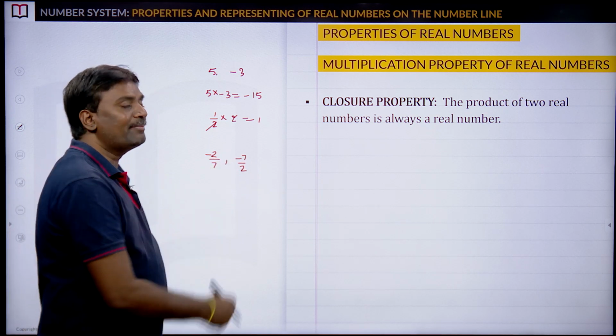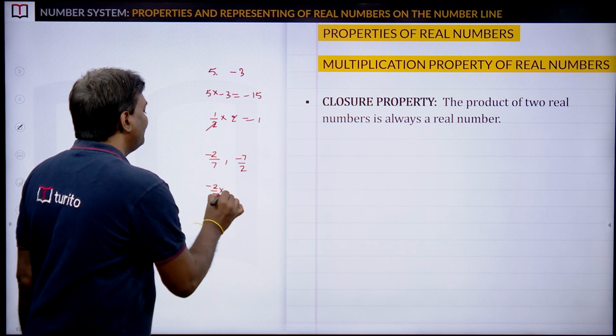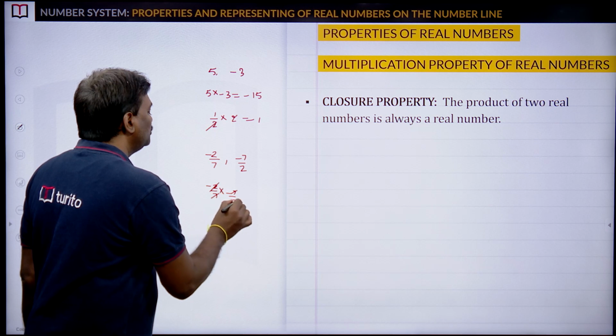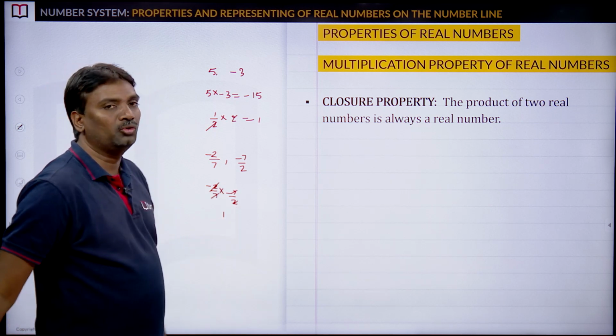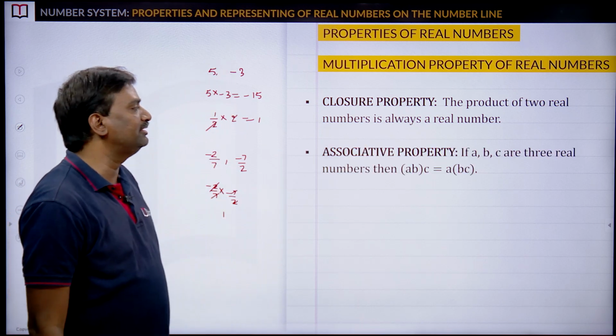The product is minus 2 by 7 into minus 7 by 2. The 7s get cancelled, the 2s get cancelled, minus into minus is plus, so we get 1. This is also a real number. So, the product of two real numbers is always a real number.